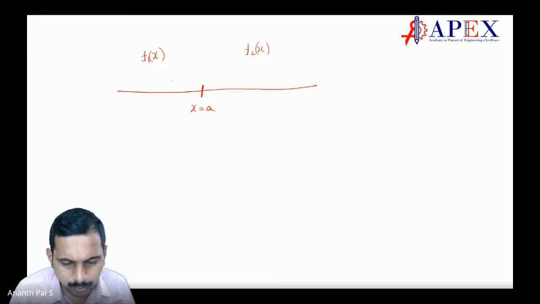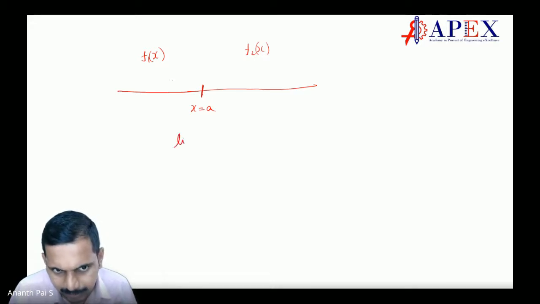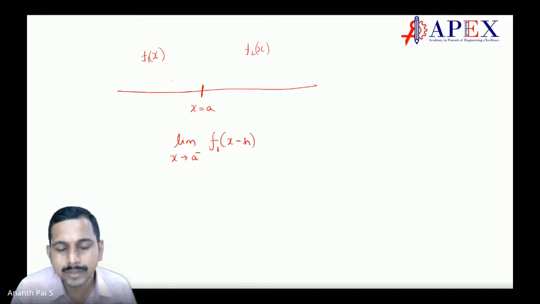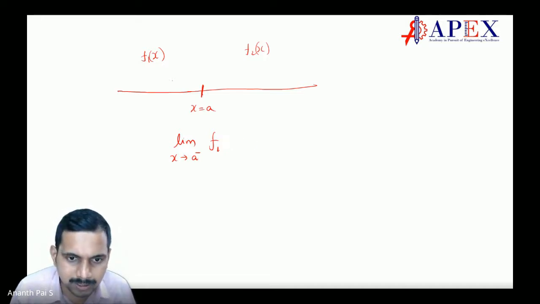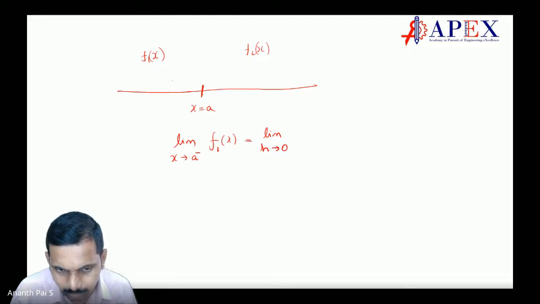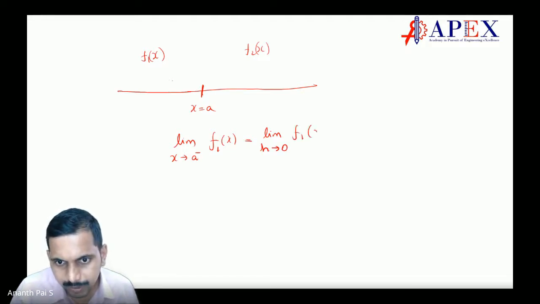On this side you will put the left hand limit. That is, limit x tending to a minus of f of x, which is f1 of x, would be equal to limit h tending to 0 of f1 of a minus h. Makes sense?